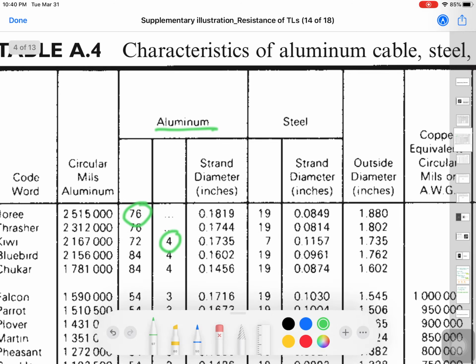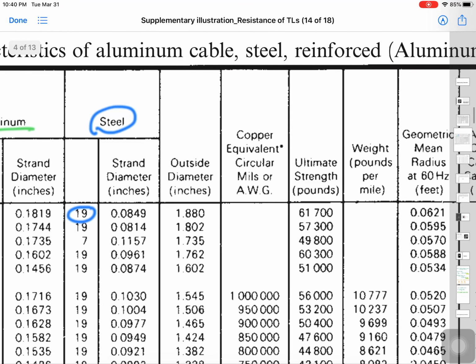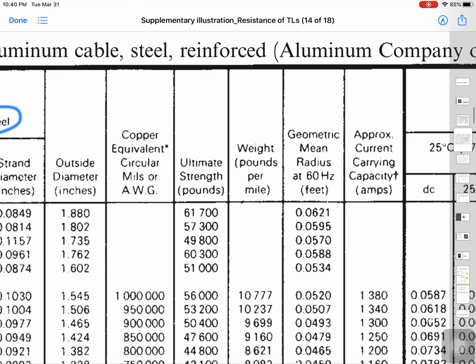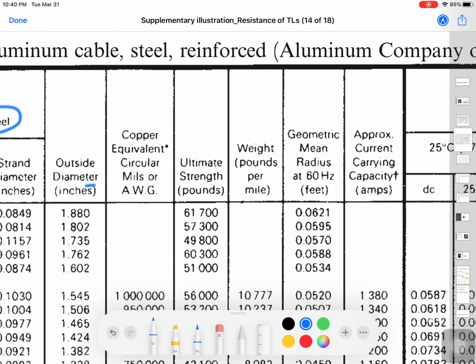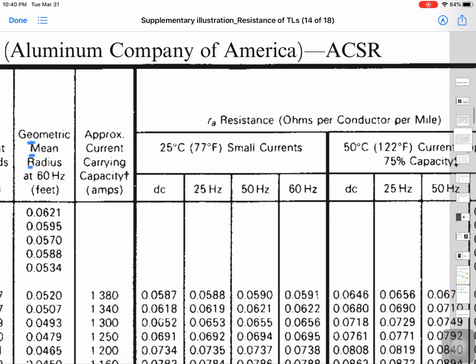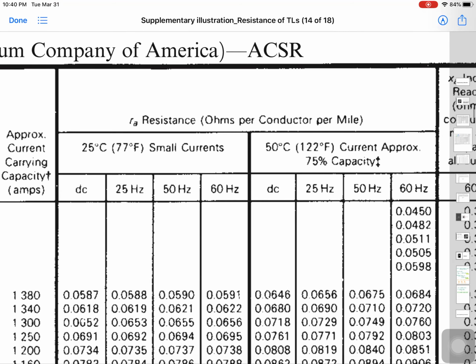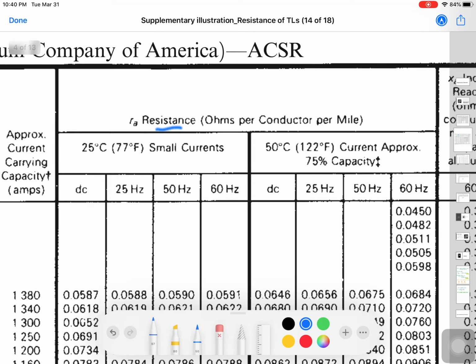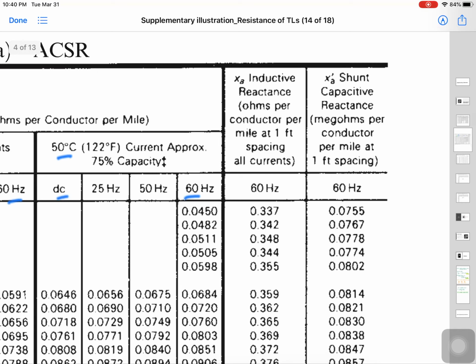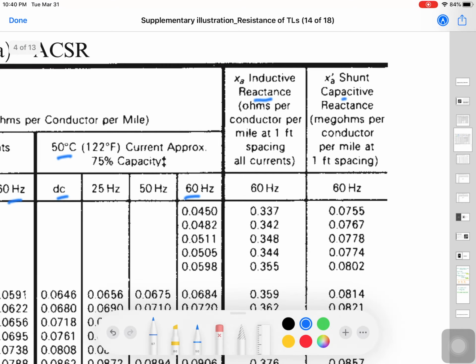And there are also the number of strands of steel, because this is ACSR, remember? Likewise, the outside diameter is also given, the GMR, which will be used later, and the current carrying capacity is also there, and also the resistance. All right, again 25, 50, DC to 60. And there are also these reactances.